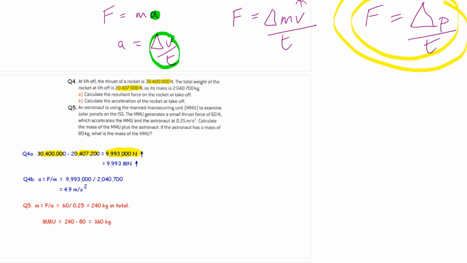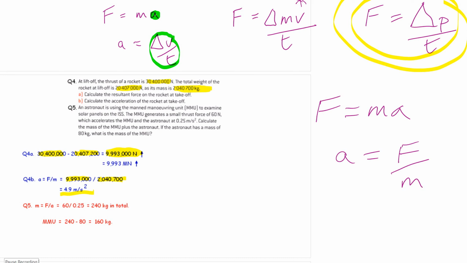Then it says calculate the acceleration. Well, if we know that F equals ma, we can rearrange that to work out what the acceleration is. It's the force divided by the mass. We've worked out the resultant force to be that, divided by the mass that was given here. And there is our acceleration.